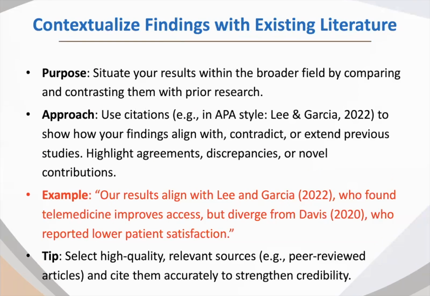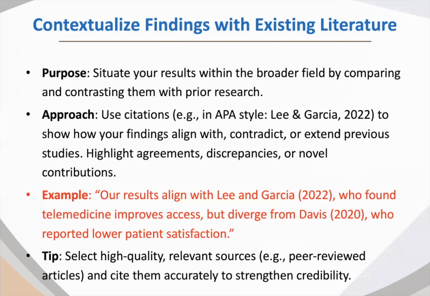Next, let's talk about contextualizing your findings within the existing literature. This is how you show you've done your homework and understand the field. Your job is to compare and contrast your results with what other researchers have found. Use citations to show how your findings align, contradict, or build upon previous work.